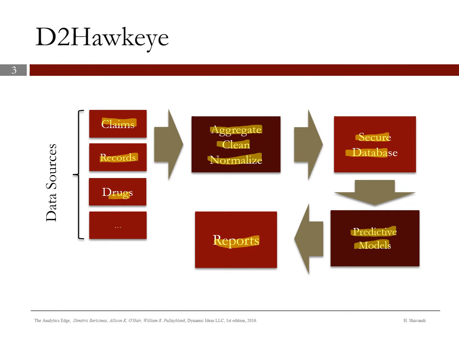So aggregating and cleaning and normalizing or unifying the data is a very challenging task here. In the D2 Hawkeye case, at that time, they hired over 500 engineers in Nepal in order to accomplish this task, just aggregating, cleaning, and unifying the dataset.